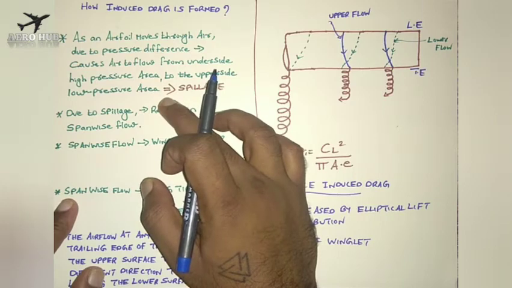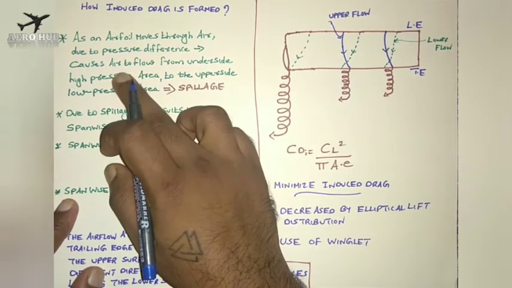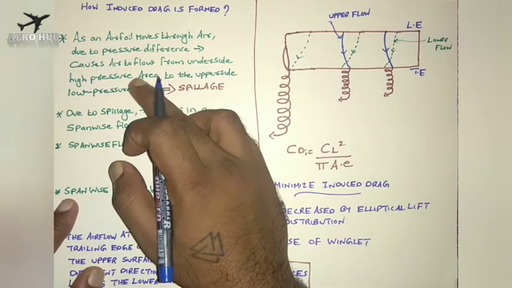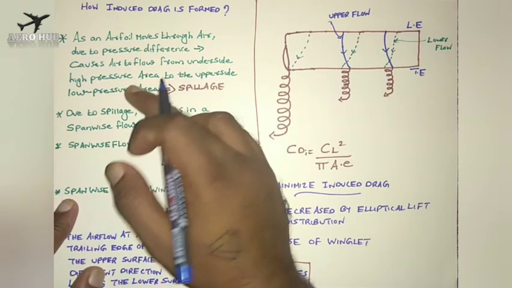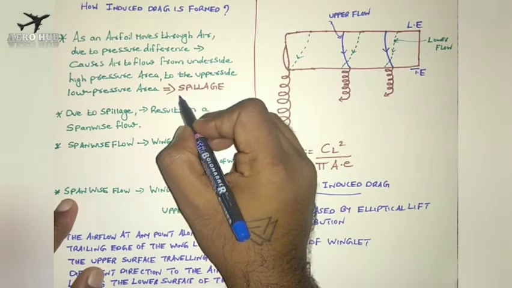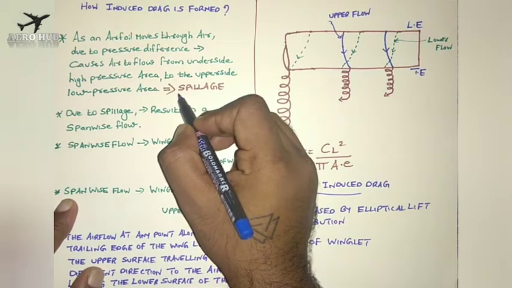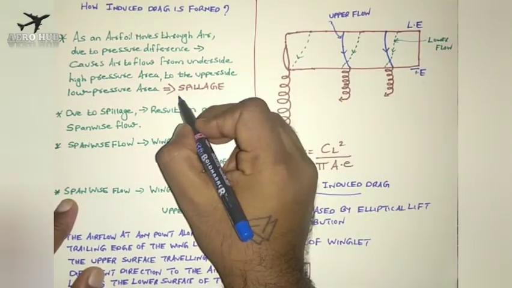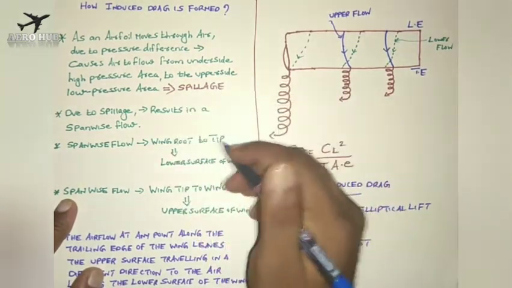And you are aware that there will be high pressure below the wing or airfoil and low pressure on the upper surface. This will create something called spillage. That is, air will spill from the lower surface to the upper surface.